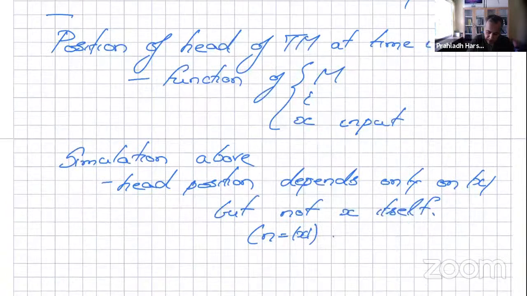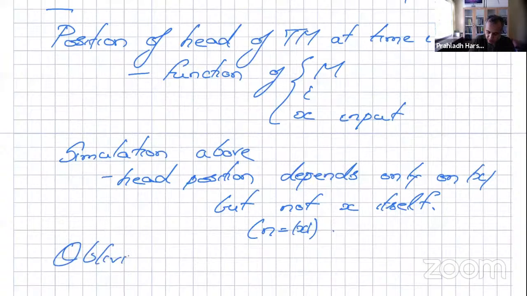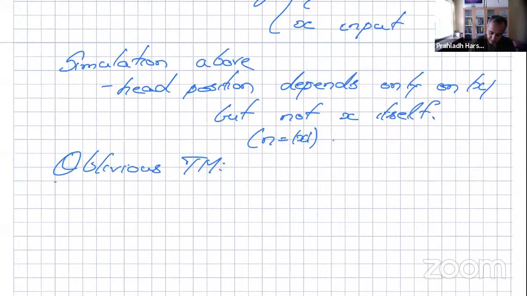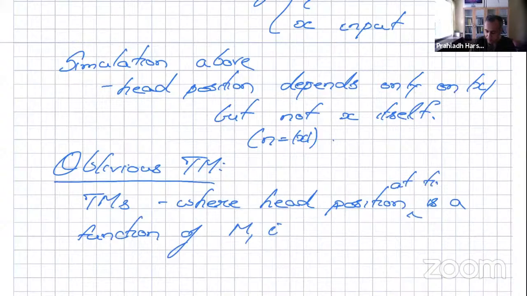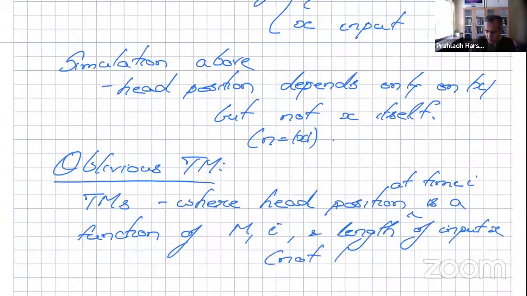So these are what we'll call oblivious Turing machines. Oblivious Turing machines are Turing machines where the head position at time I is a function of I and the length of the input x, not the actual input.